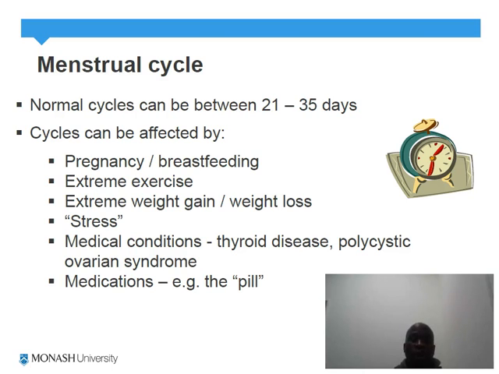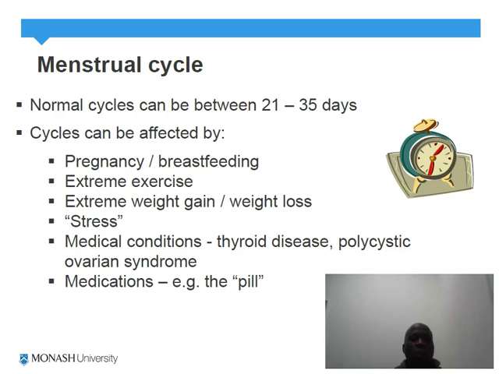Of course, extreme exercise will also affect the cycle, so it may not be normal, especially for women whose career is in track and field events, such as Caster Semenya and women like that. Definitely their menstrual cycle is highly affected. You cannot have a normal cycle because of extreme exercise.